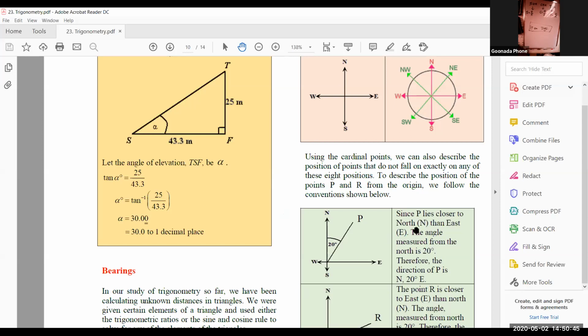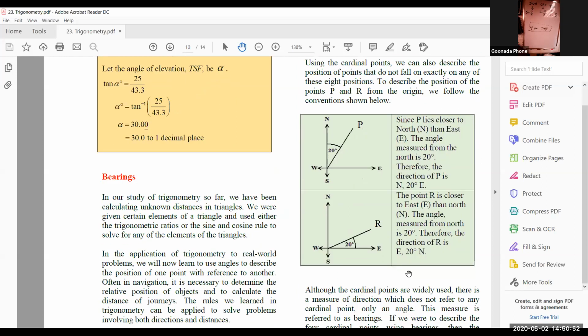This is P here, and this is R. Since P lies closer to north than east, as you can see here, the angle measured from the north is 20 degrees. Therefore, the direction of P is N 20 degrees east.